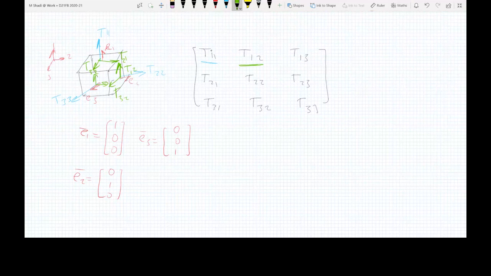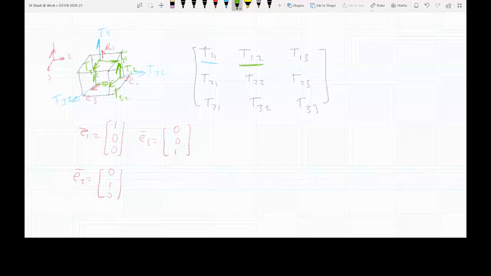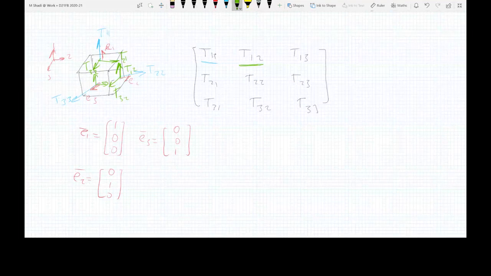Now, each one of these components, you can think of it as having two directions, or two indices, or two identifications. One identification is related to the surface that it is active on. So all these values here, T11, T21, and T31, are active on the plane that is perpendicular to E1.